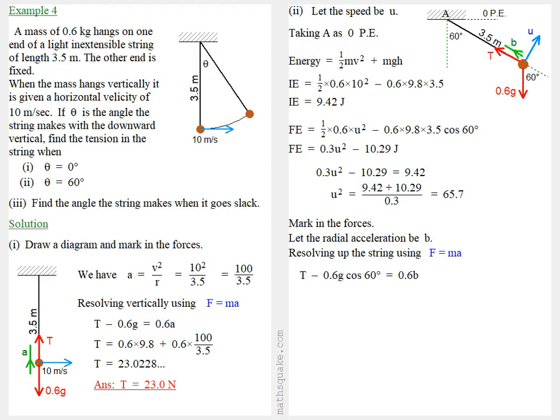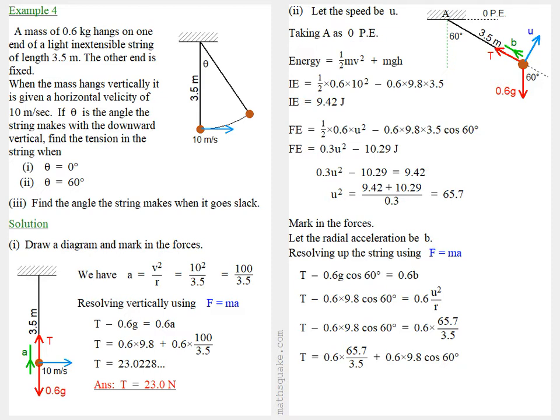But we know b is equal to u squared over r. So we have T minus 0.6 times 9.8 cosine 60 equals 0.6 u squared over r. Now we can replace u squared over r with 65.7 over 3.5.